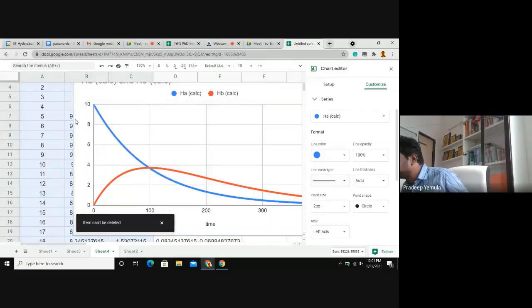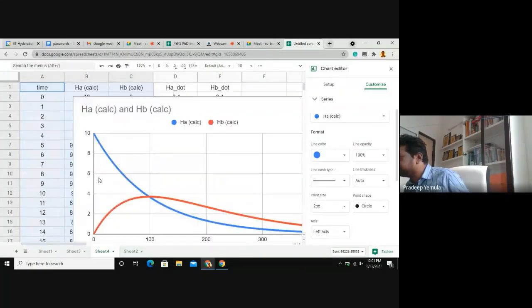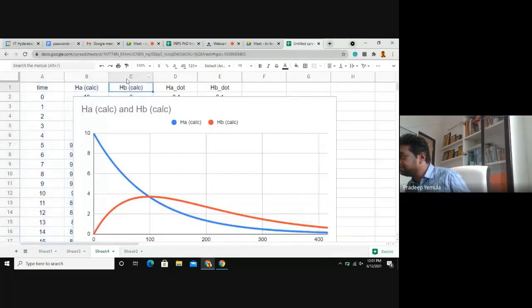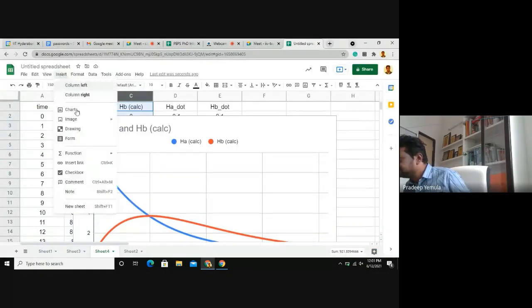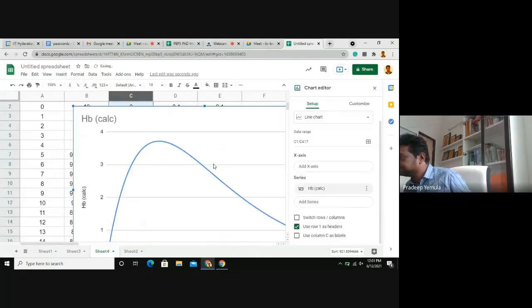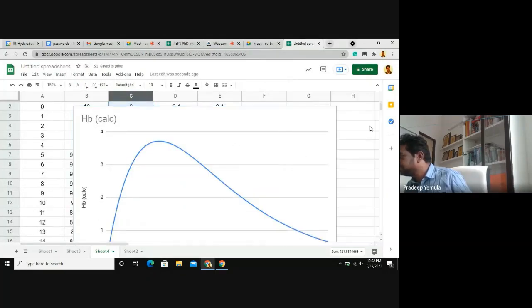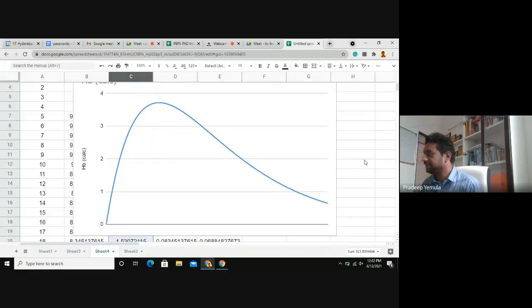I think it is not possible to delete, but anyway, from this you can understand. Or let me separately plot this. Insert chart. So this is the separate plot of only HB. It reaches the maximum height and then it reduces. This is what we are expecting, such kind of result we got.